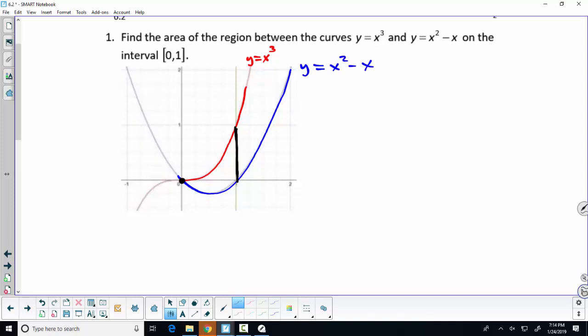So we're finding the area of this object, whatever it is. Here's our x equals 0, here's x equals 1.